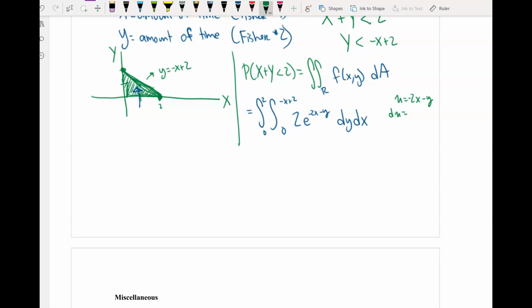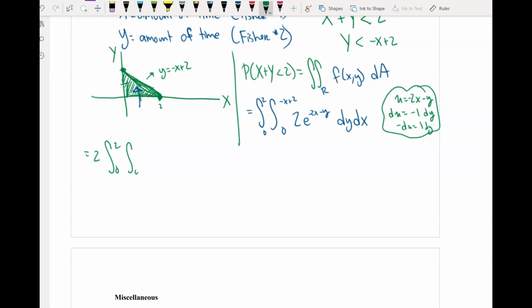The derivative of negative y is going to be negative 1. So we're going to have negative du equals dy. So when we take a look at this, actually, let me pull out that 2. Integral from 0 to 2.